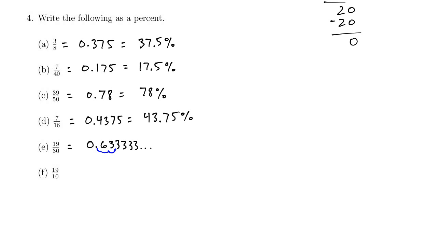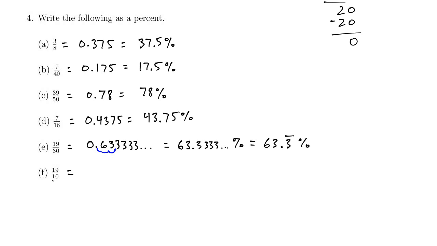The decimal point goes right behind that first 3 right there, so this becomes 63.333, the 3 repeats, percent. Okay, or we can shorten that up as 63.3 repeating, with the bar over the 3 and with the percent sign.